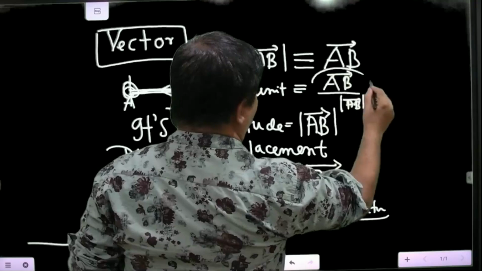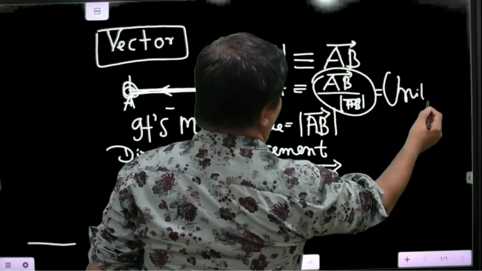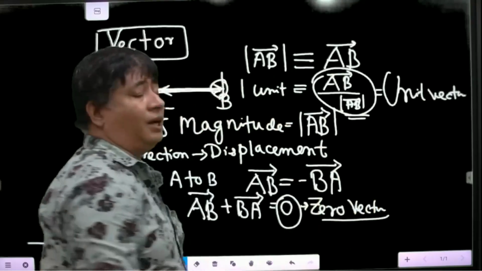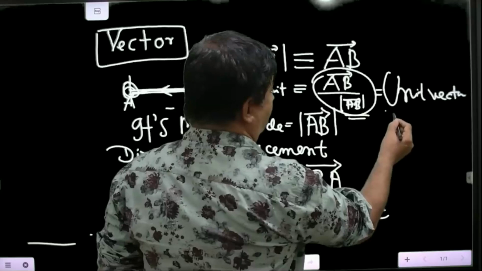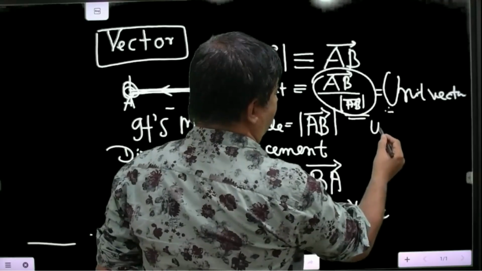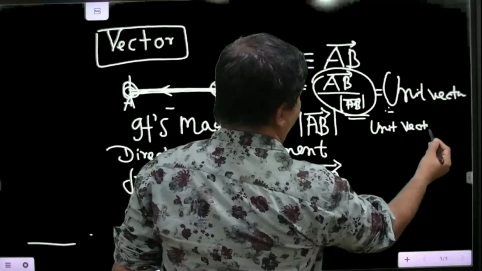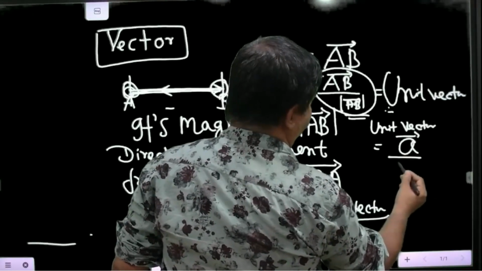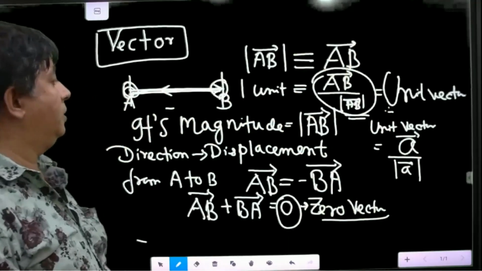So, this thing is called unit vector. So, what conclusion can I draw in unit vector? Therefore, unit vector is any vector by its magnitude.